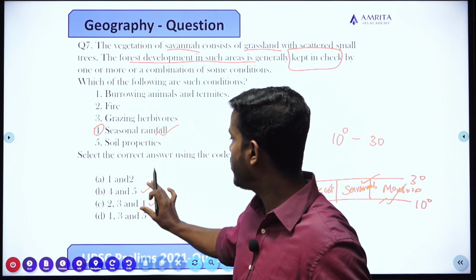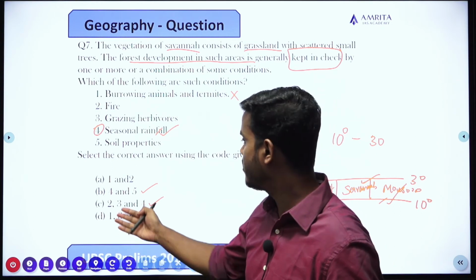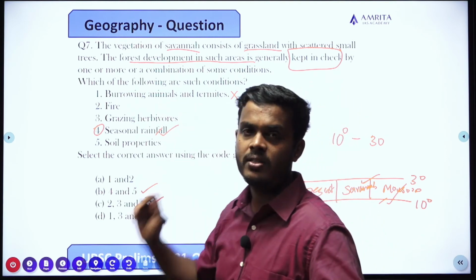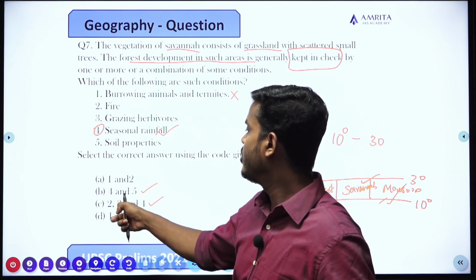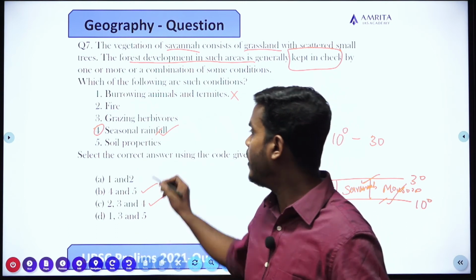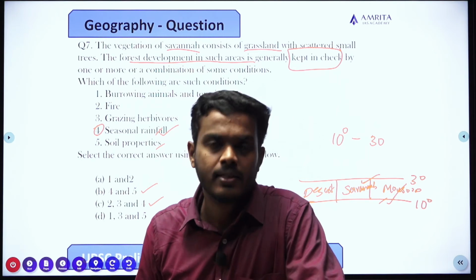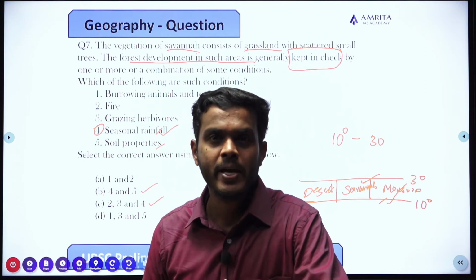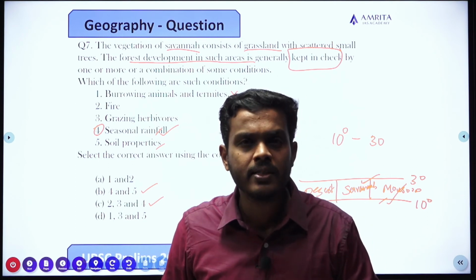So from the options it is clear that 1 is wrong, because there is no 1 with 4 here. So we can easily eliminate the first statement. Then we have to confirm between 2, 3 and 5, right? So look into option 5, soil properties. Now what about soil property? Does it affect vegetation? Yes, soil affects the growth of vegetation, but can soil be a factor which checks the growth of a forest in a particular region?